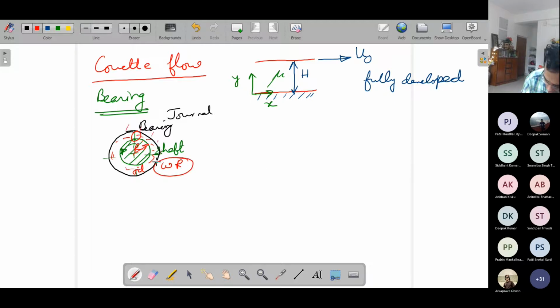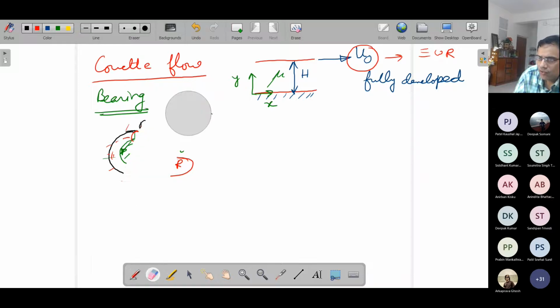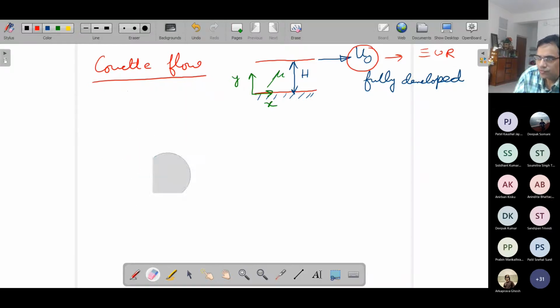And the bearing if it is stationary, so we have this kind of a situation where this u is equivalent to this omega r. So you can imagine that this is a simplified model picture of the real industrial scenario where you have a viscous fluid intervening a shaft and a bearing in an effort to reduce the friction during their operation.